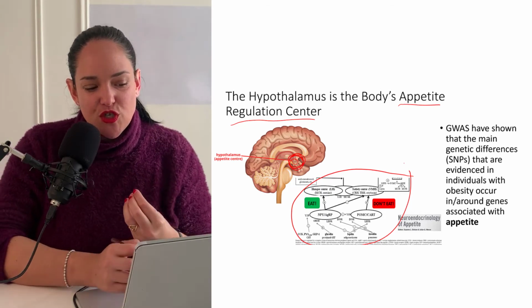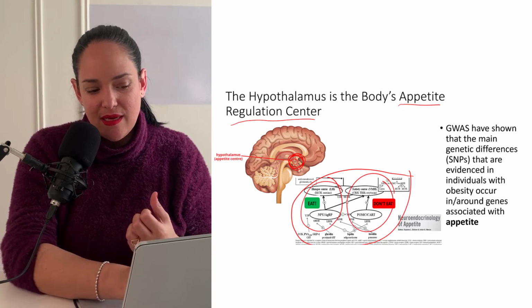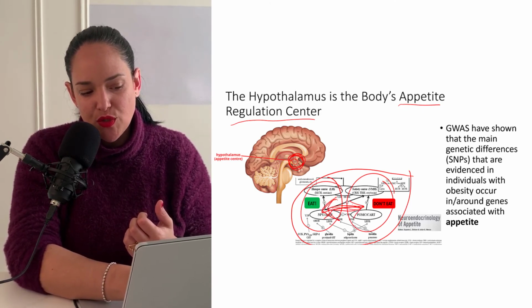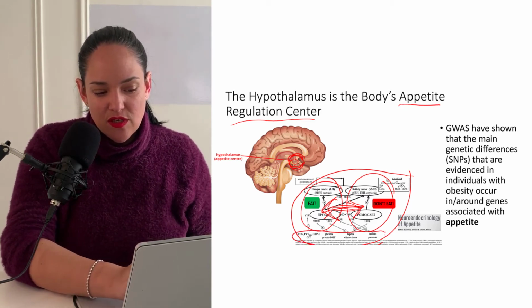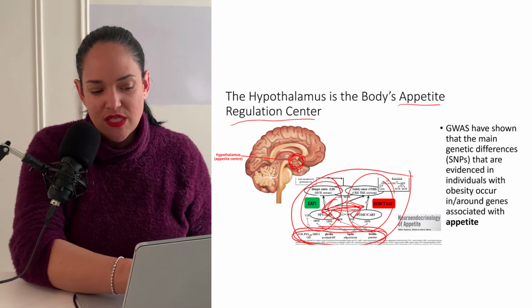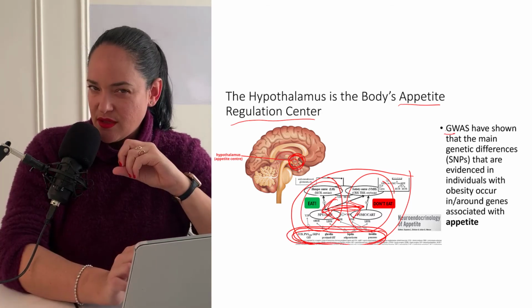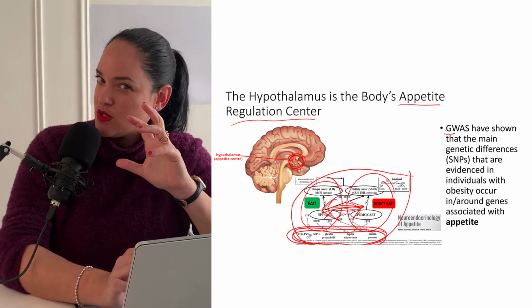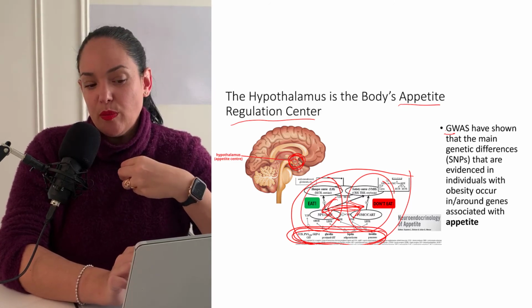But it just shows that we have an appetite pathway and a satiety pathway, and there are interactions between these two pathways within the hypothalamus. And the hypothalamus is also constantly receiving input from other parts of the body. So I said that there was genetic evidence to support that appetite regulation was one of the main things that is maybe off in individuals with obesity.